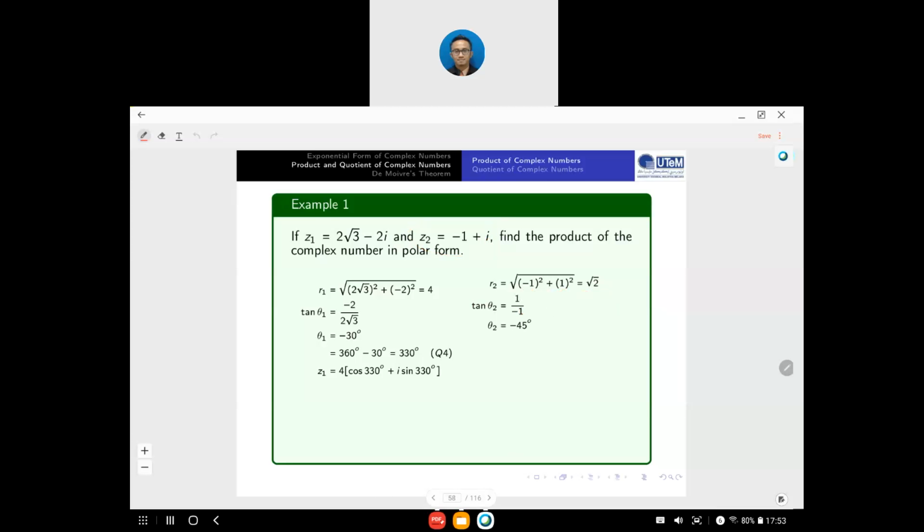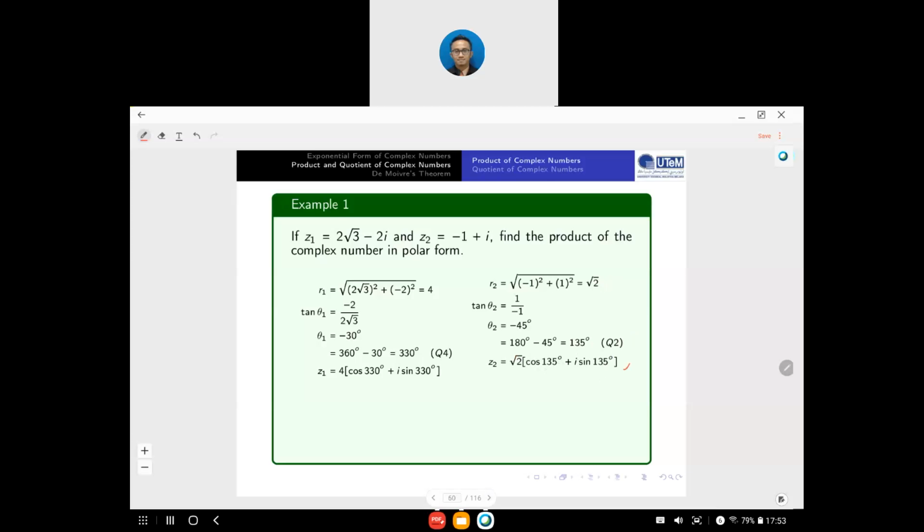When it belongs to quadrant 2, your theta must be 180 degrees minus 45 degrees equal to 135 degrees, because it is quadrant 2. Since you already got the R and theta, you can get Z2 in polar form equal to root 2 (cos 135 degrees plus I sine 135 degrees).